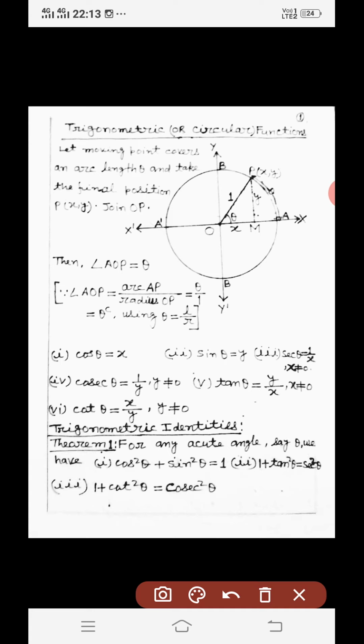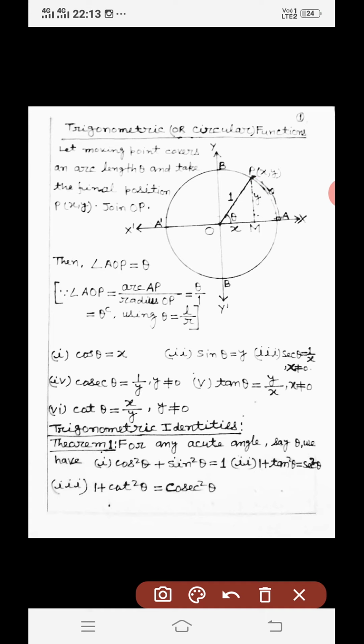Suppose that a moving point starts from A and moves along the circumference of the circle in an anti-clockwise direction. Let it cover an arc length theta and take the final position P(x, y).